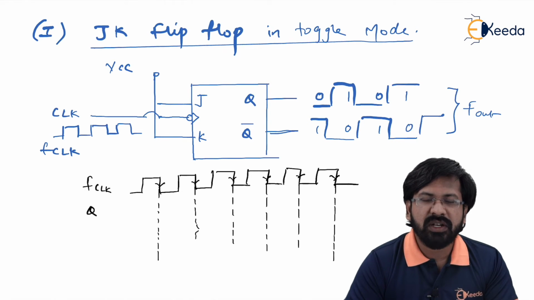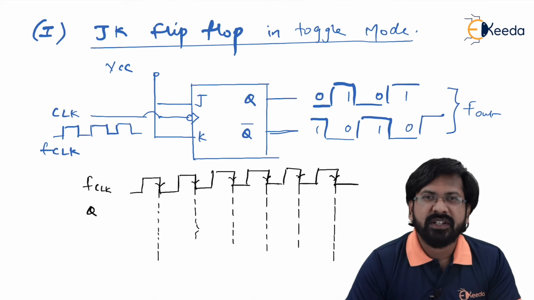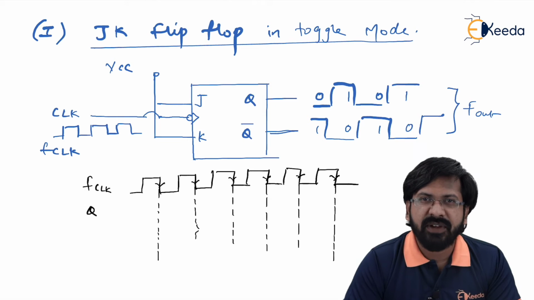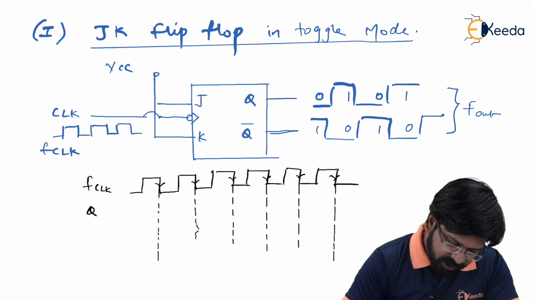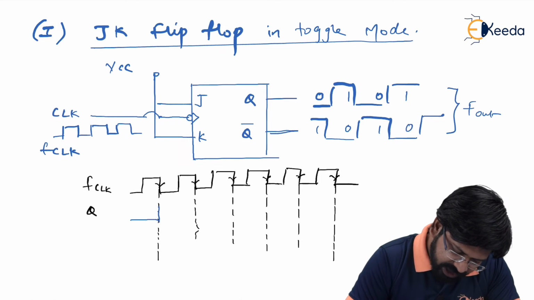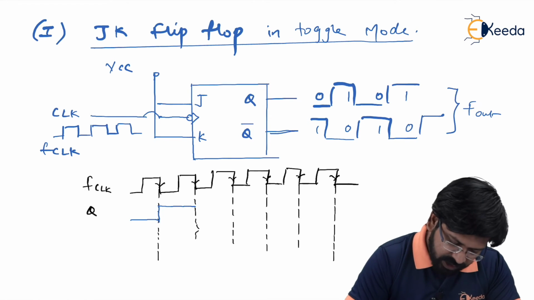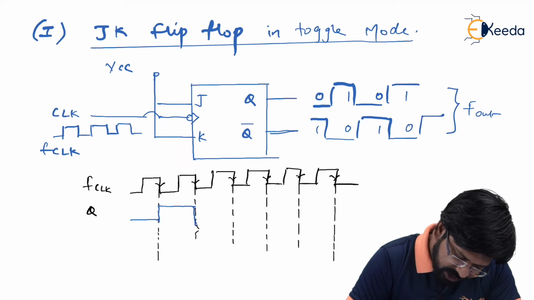Of course it is going to toggle because J equal to 1 and K equal to 1 continuously, right? Therefore Q will keep on complementing itself every time. So assuming the initial status of Q was 0, then at every negative edge it will toggle, that is 0 will become 1, it will remain 1 up to the next negative edge. At the next negative edge, as you can see, again it complements to 0, then it remains 0 up to the next negative edge, again it becomes 1.